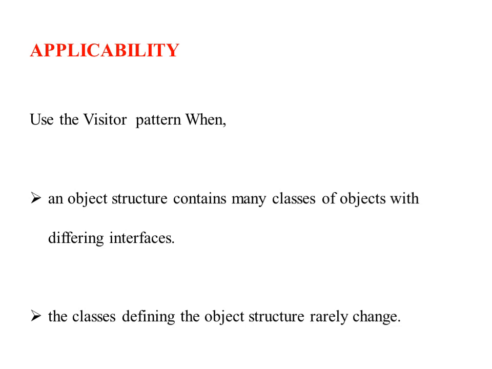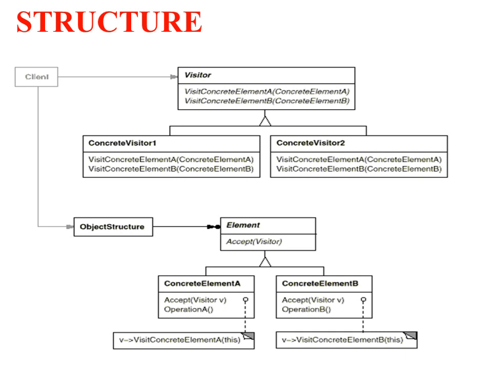So next, coming to the next slide. The next template is structure. This is the structure of the visitor pattern. The client is any application user. The client defines the visitor, which is an abstract class, with concrete visitor 1 and concrete visitor 2.